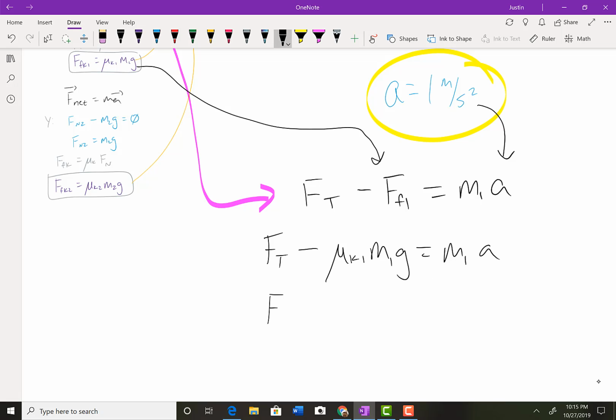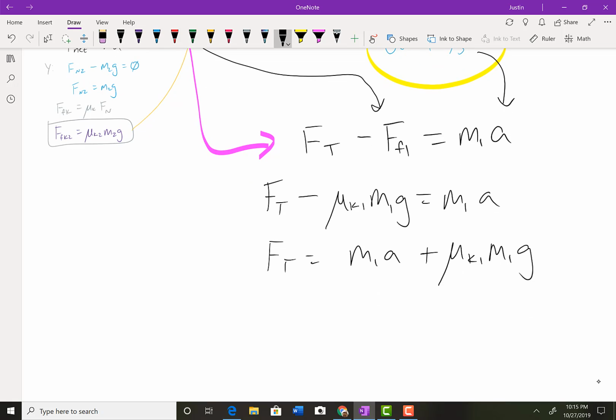That's going to give me the tension force equals M1 times A plus mu K1 M1 times G. I can factor out an M1 to make my calculation a little bit easier. So it's going to be M1 times A plus mu K1 times G.